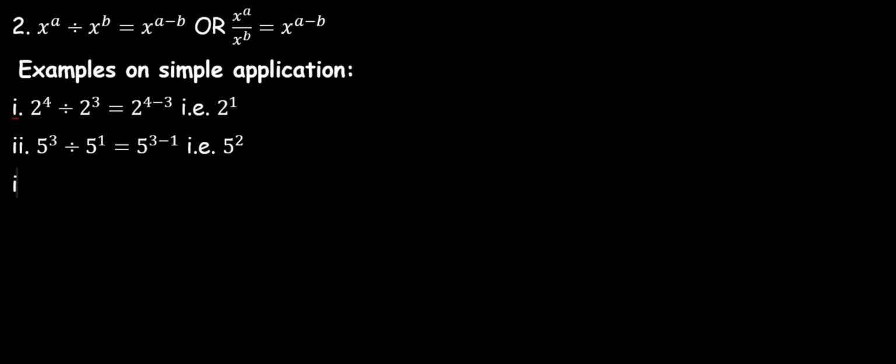Let's take another example, simple application. 3. In fractional form, 3 raised to power 4 as the numerator divided by 3 raised to power 2 as the denominator is equal to 3 raised to power 4 minus 2. That is 3 squared. Let's take another law. Law number 3. X raised to power 0 is equal to 1.